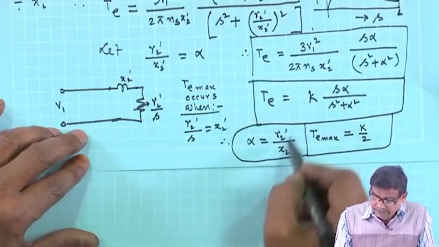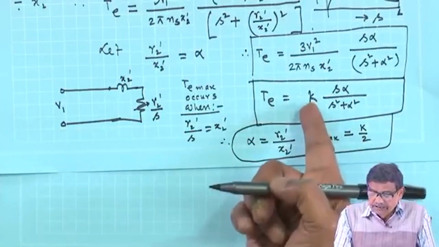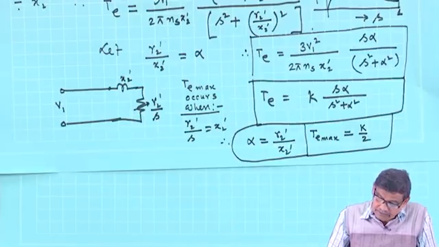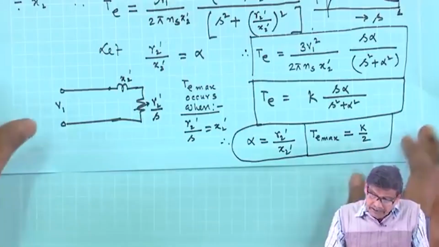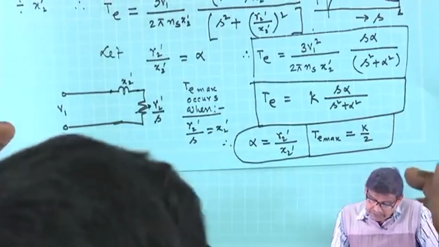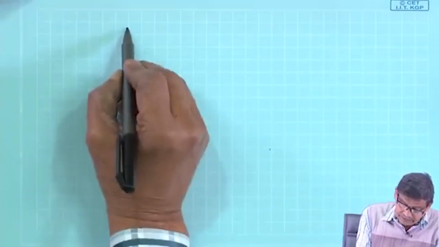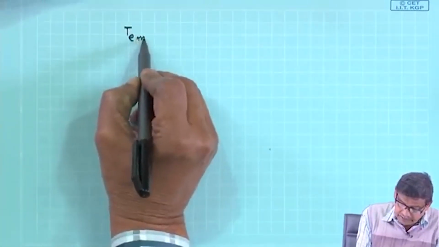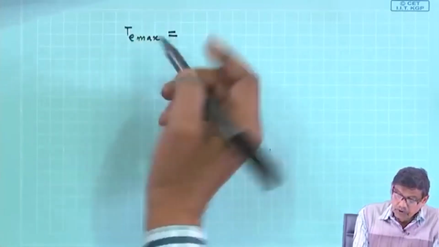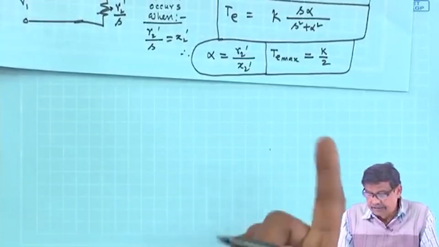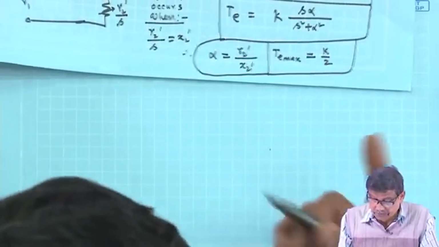So, these are the three things. Maximum torque is this k divided by 2, and what is the expression of T max? Let us write that T max in terms of equivalent circuit parameters. In this case, it is only R2 dashed and X2 dashed.